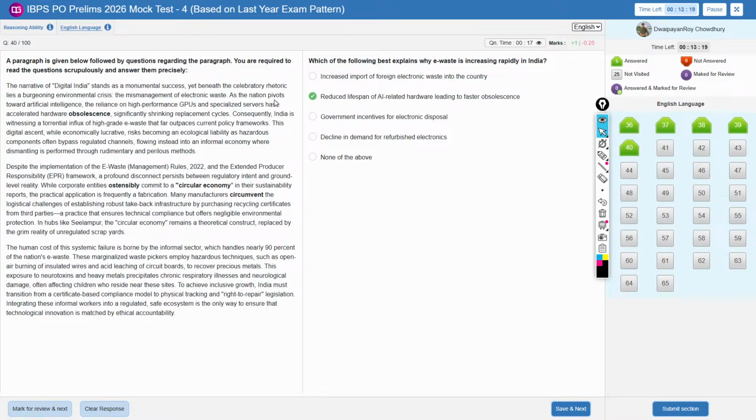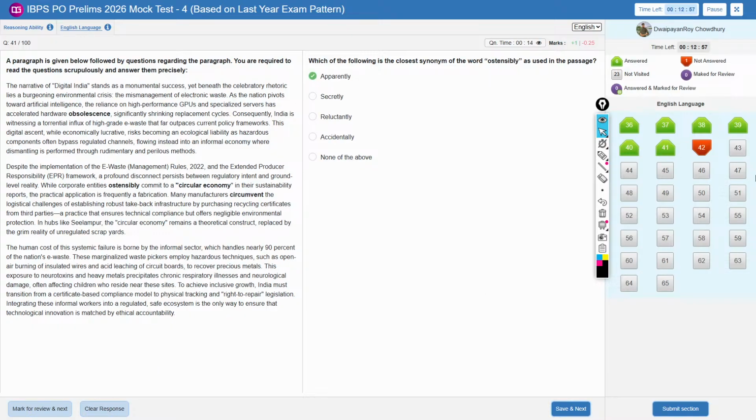But was AI mentioned? As mentioned with the shift towards artificial intelligence, obsolescence was there. Ostensibly, while corporate entities ostensibly commit to a circular economy: ostensibly means apparently.